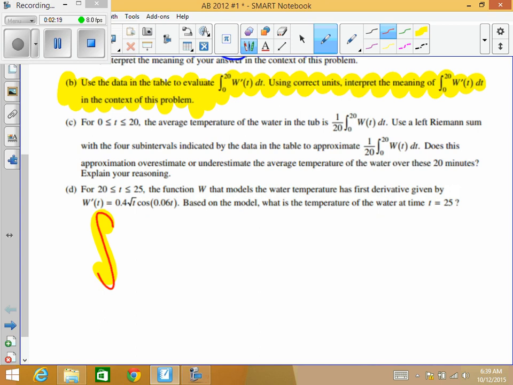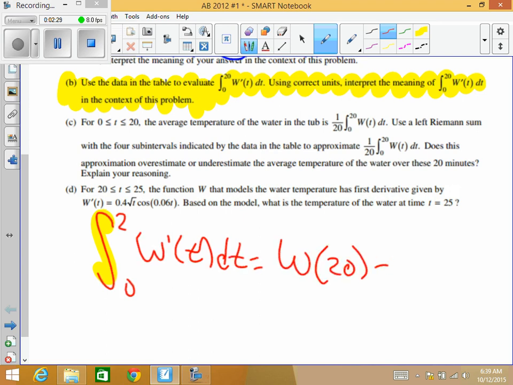The fundamental theorem of calculus tells us that this integral is equal to w of 20 minus w of 0. We have those numbers right there in the table. We know w of 20 is 71. We know w of 0 is 55. Subtract that, we get 16.